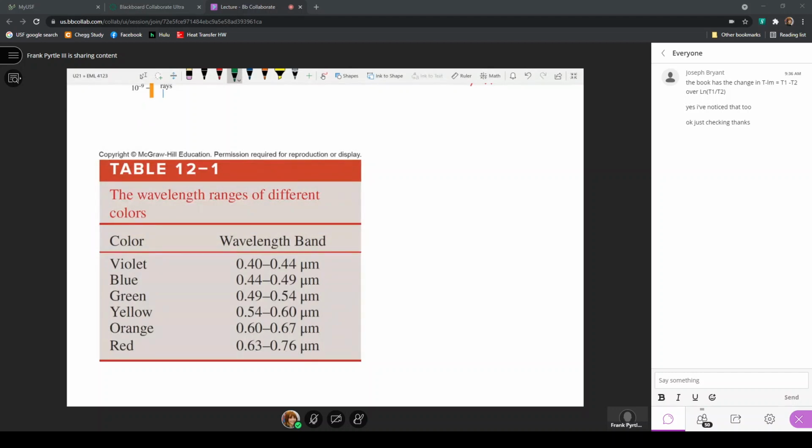Now, something of interest: all of these colors give us white light when they are together. In the absence of one of these colors, we change the tint so that instead of being white light, it will be some other color.